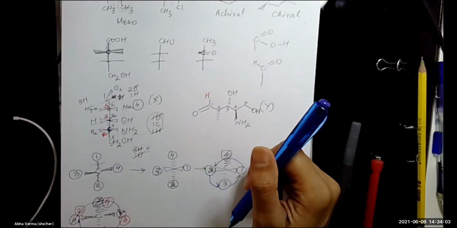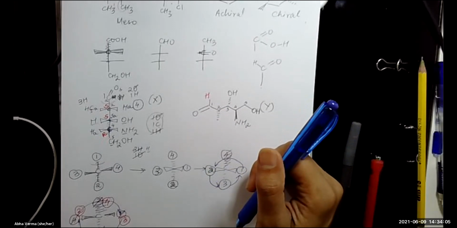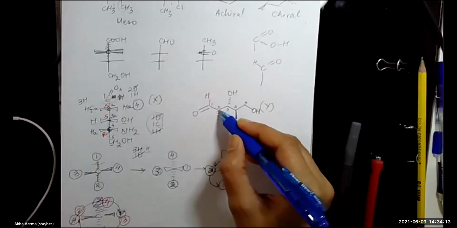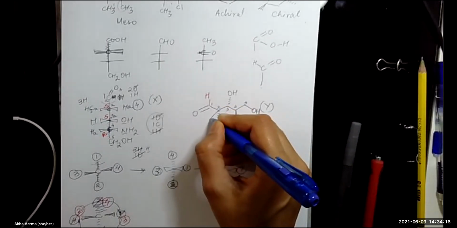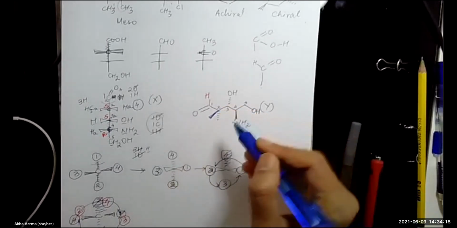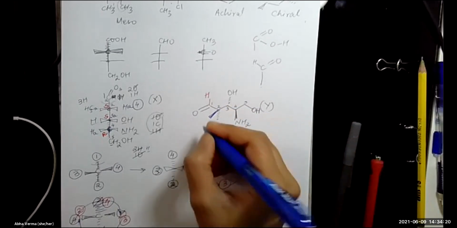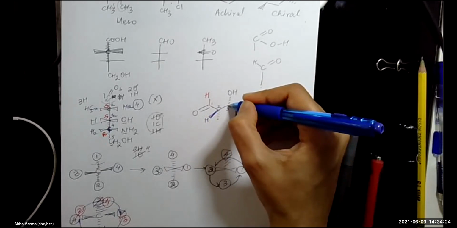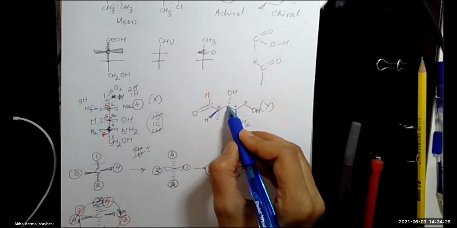Can anybody tell me that? Anybody? So there are 4 bonds. The 4th bond, which will be away from this bond, will be the hydrogen that we talk about. On this 3rd carbon, how many bonds do I see?